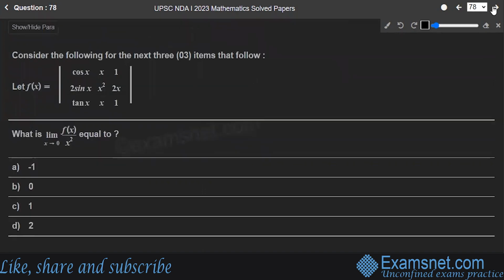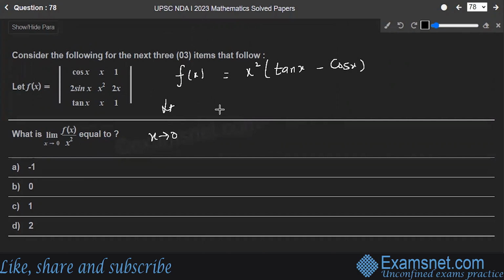In this question, you have to find out the limit x approaching 0 of f(x) upon x square. I'll use the same one which we used in the last question, where f(x) came out to be x square into tan x minus cos x.